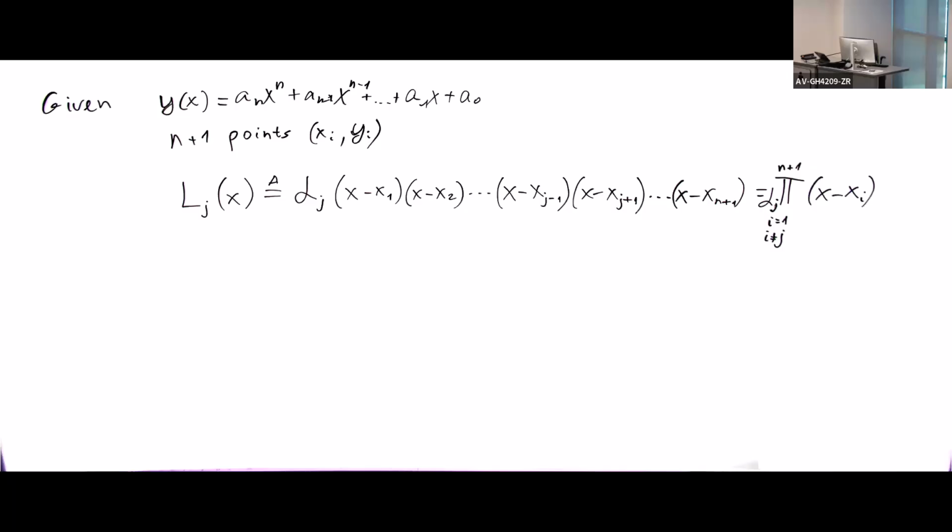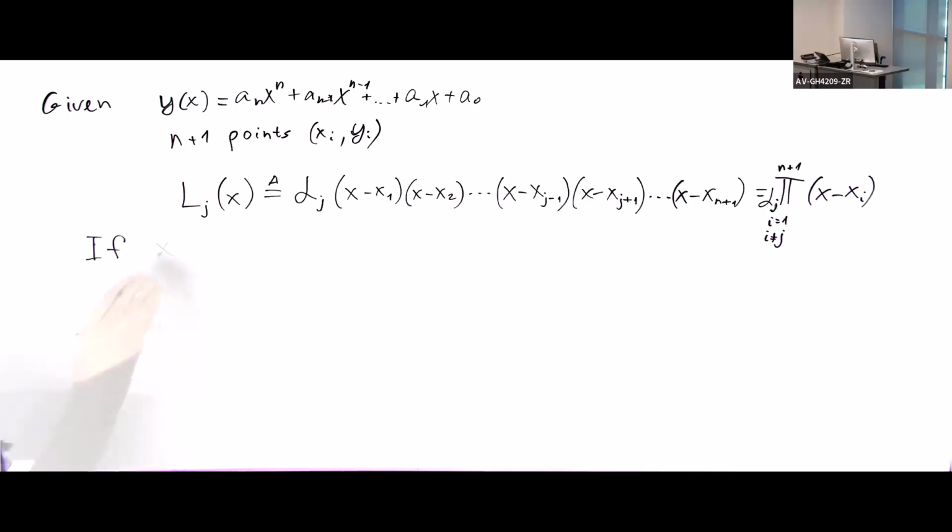Shortcut notation for the same thing. I'm taking the coefficient times the product from 1 to n plus 1, except i equal to j, of all of the factors. Okay so far? All right. So let's see what happens for that particular polynomial.